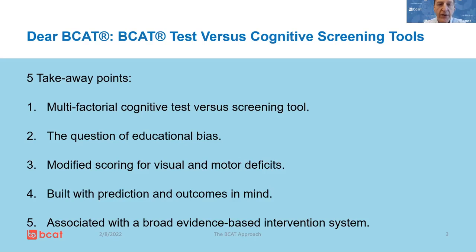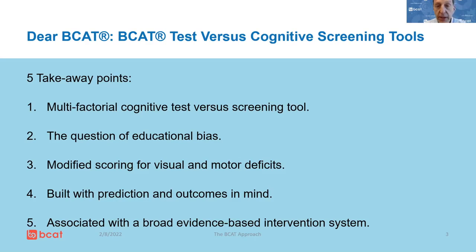So all 4 factors are highly predictive of outcomes. Not only are they predictive of cognitive diagnosis, but they're predictive of functional concerns, which I'll get to in a moment.